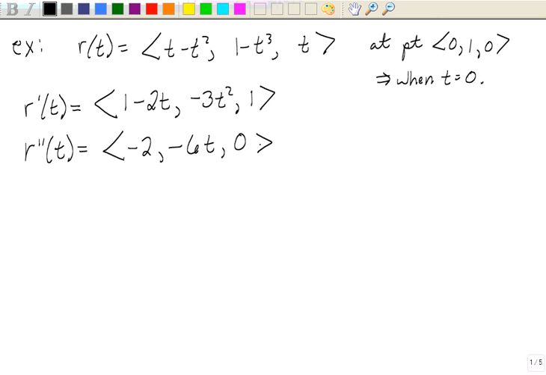And then we'll find the magnitude of r prime.